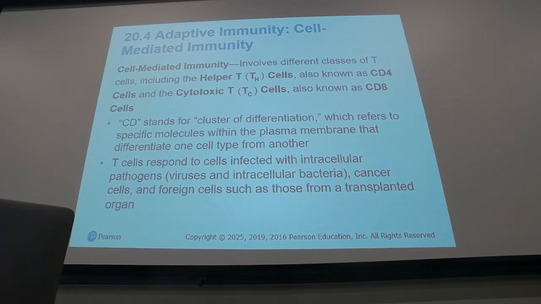Helper T cells activate the macrophages and also activate the B lymphocytes and the T lymphocytes so that you can have a strong immune reaction against all of these pathogens. Also, T cells respond to foreign cells like those from a transplanted organ, and as well to cancer cells.